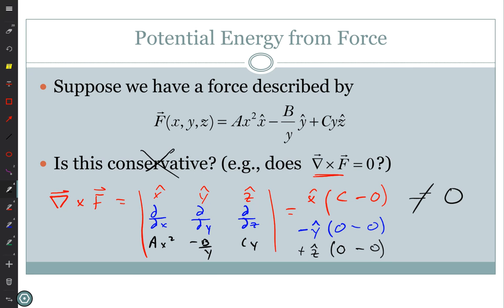Question, Jonathan? Couldn't you just take a look at the equation and say, is the x component only dependent on x? Is the y component only dependent on y? Is the z component only dependent on z? If the answers to all of those are yes, then it's going to be conservative.